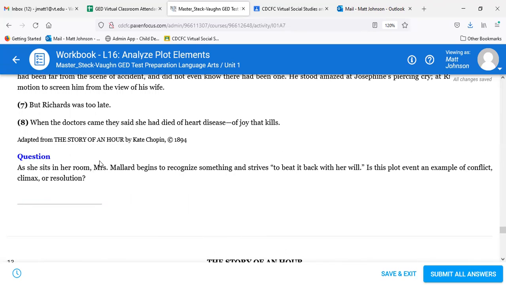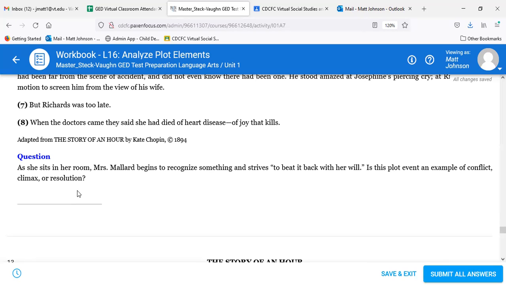Number 12. As she sits in her room, Mrs. Mallard begins to recognize something and strives to beat it back with her will. Is this plot event an example of conflict, climax, or resolution? What would you say is happening with her?